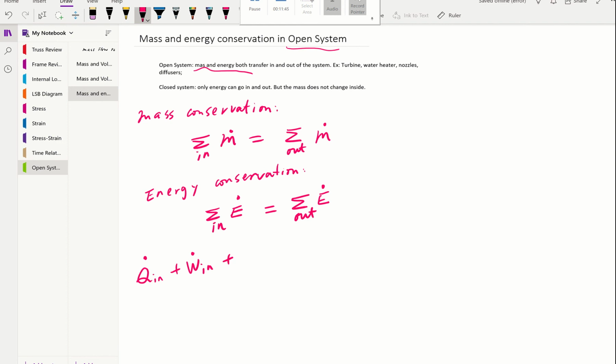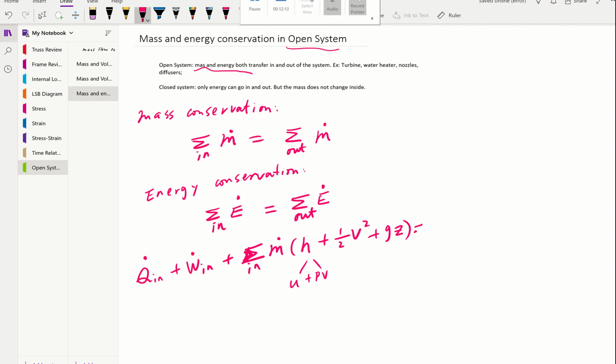Also, because it's an open system, you're going to have different inlets coming in. So this is sigma. Then you have mass flow rate. Then the first term is our enthalpy, which is the combination of U plus PV, right? Then plus half V squared plus GZ. So that's all the inlets.